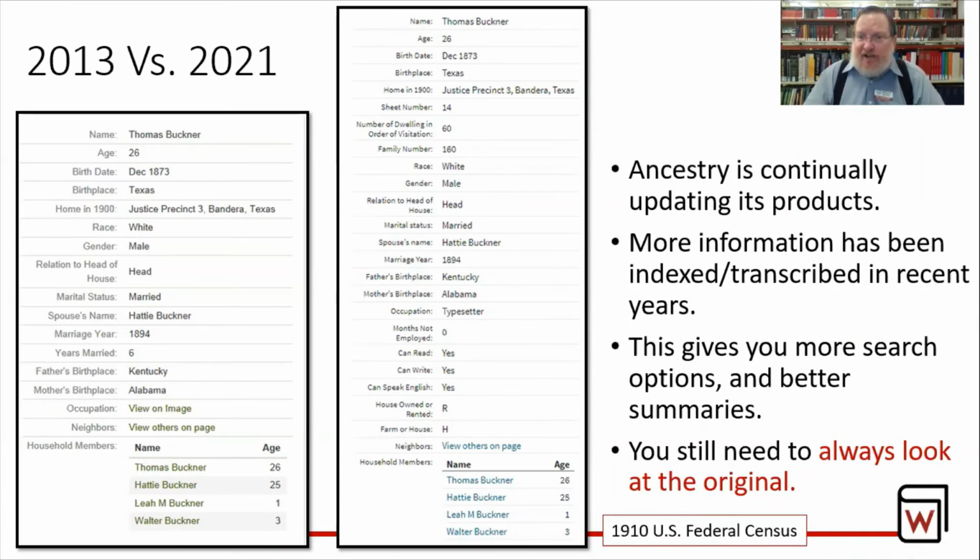If you couldn't find your ancestors 7 or 8 years ago, you might redo the research and see if they pop up more recently. That's a good reason to keep a research log and keep researching through time. Remember that you always want to look at the original and not just trust the transcriptions or abstracts.